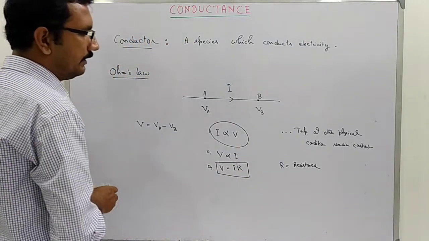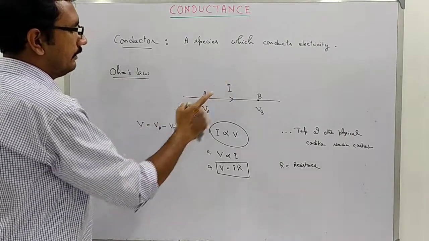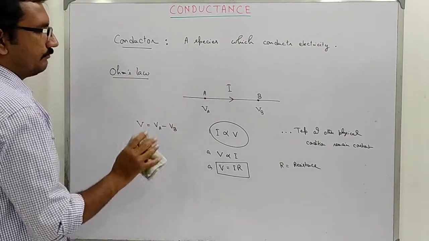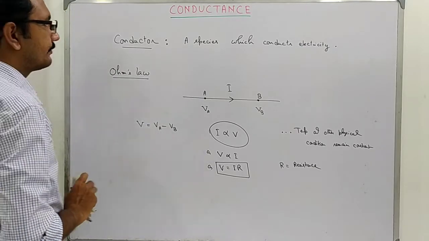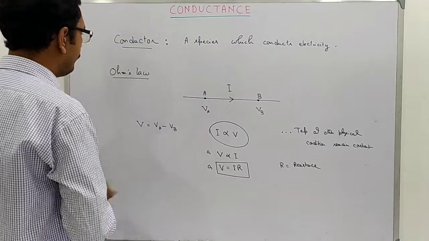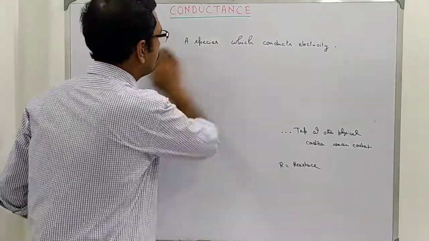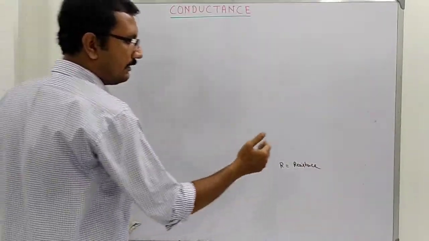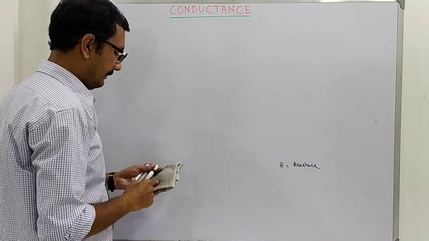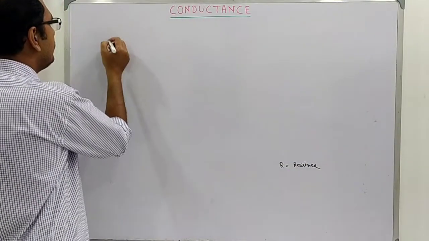So, this is Ohm's law, and a conductor is bound to obey this law to a good approximation. So, this R is the resistance to the flow of current, and what is the conductance then?